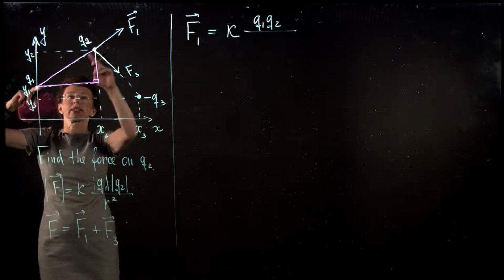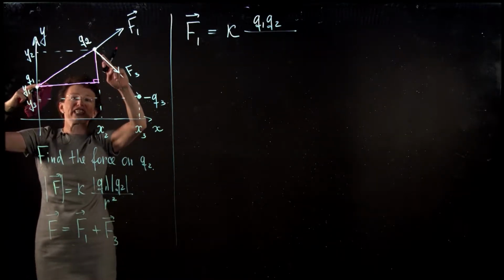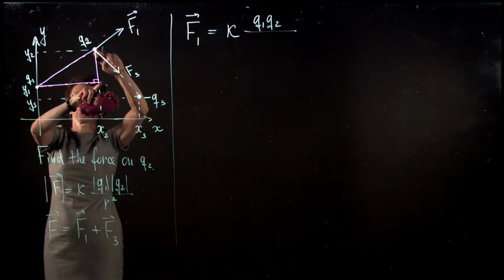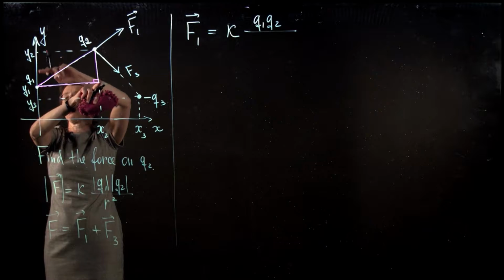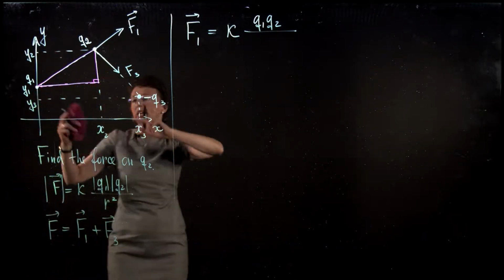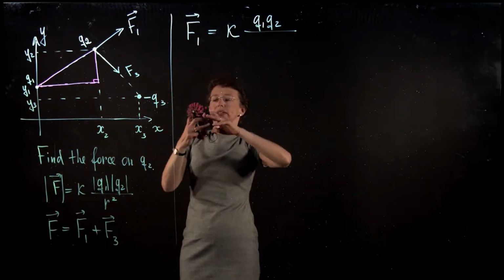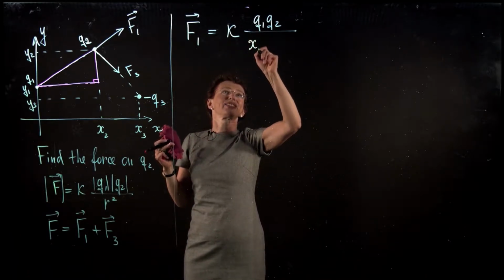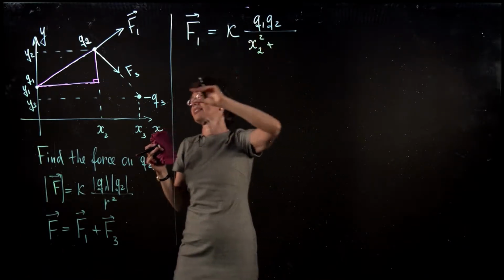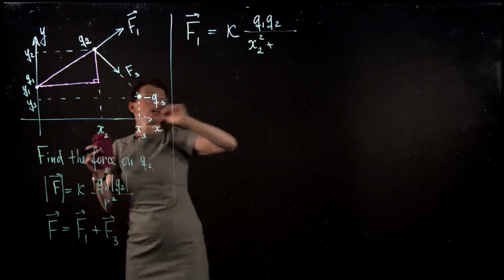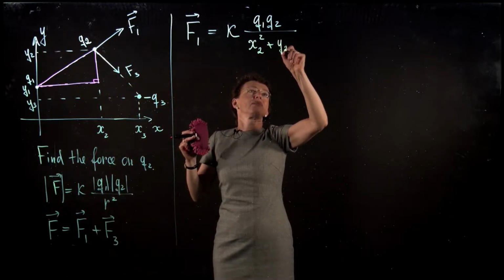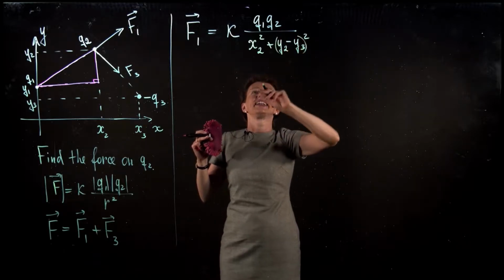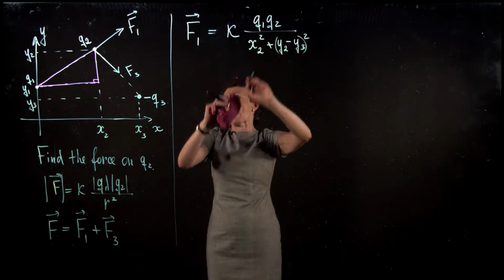This distance is hypotenuse of this right triangle, and it is x2 squared plus y2 minus y3 squared. Distance squared, this is magnitude.